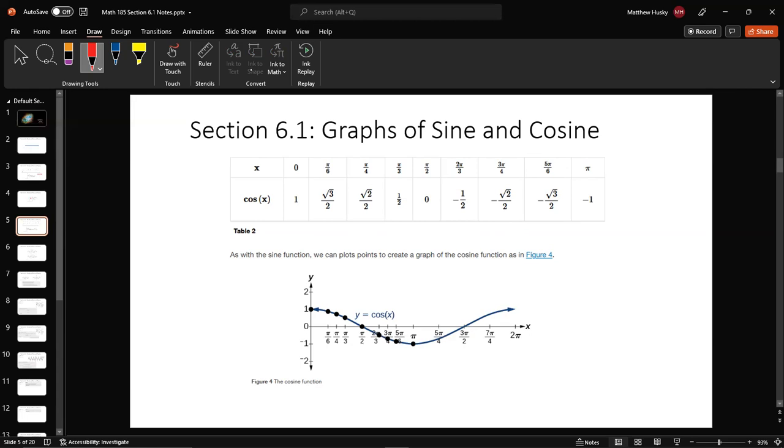It then creeps into negative territory until you get to pi, which is where it bottoms out at -1. And that's going to turn around again. And again, this is sort of a wave function. And like I said, even though this is the cosine graph, this is also known as a sinusoid because both sine and cosine have the word sine in them. And so together, these are known as sinusoids.